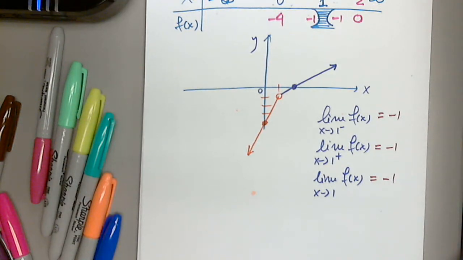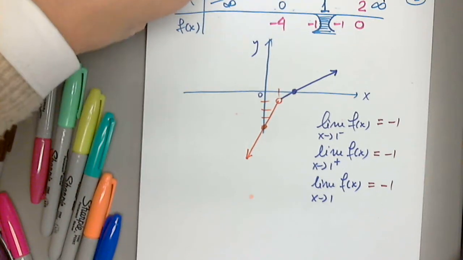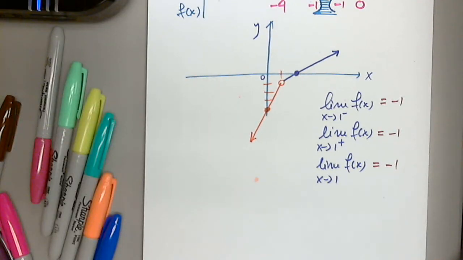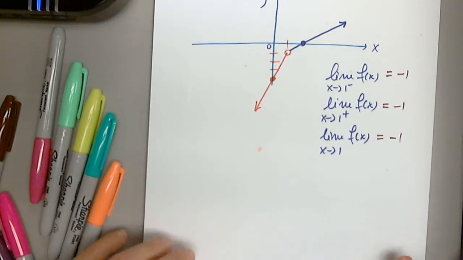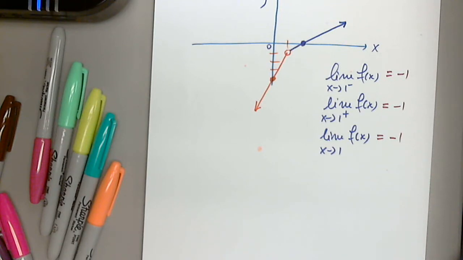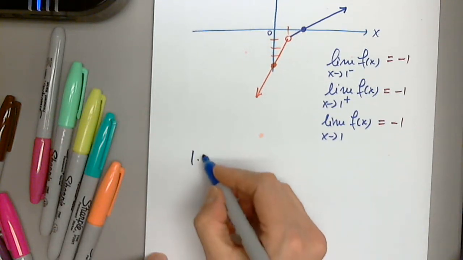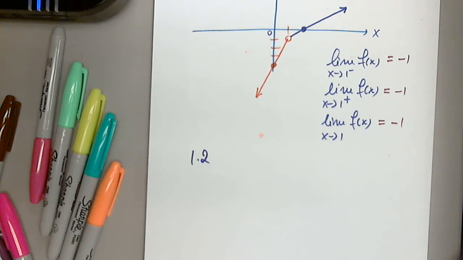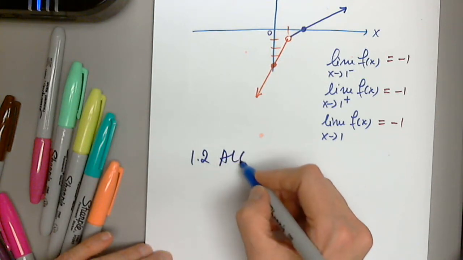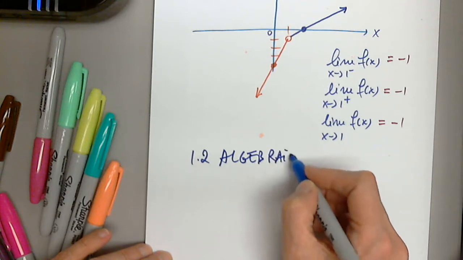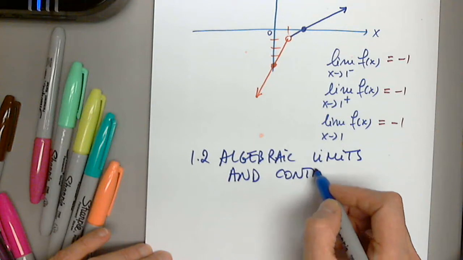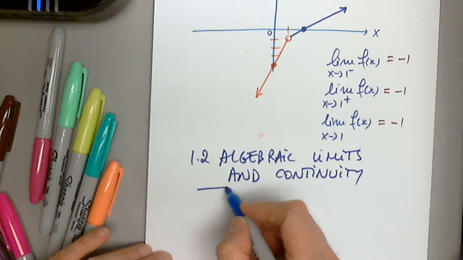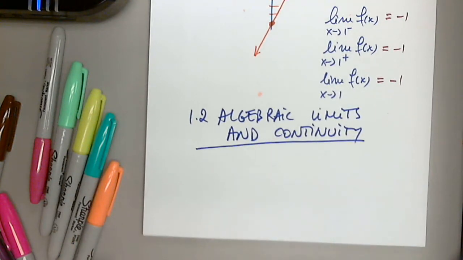Okay, so basically, this is the end of 1.1. And the next section deals with a little bit more algebra than this one. Okay, so 1.2, algebraic limits and continuity.